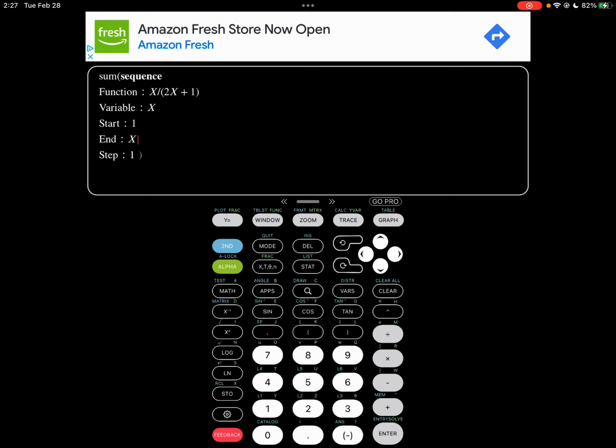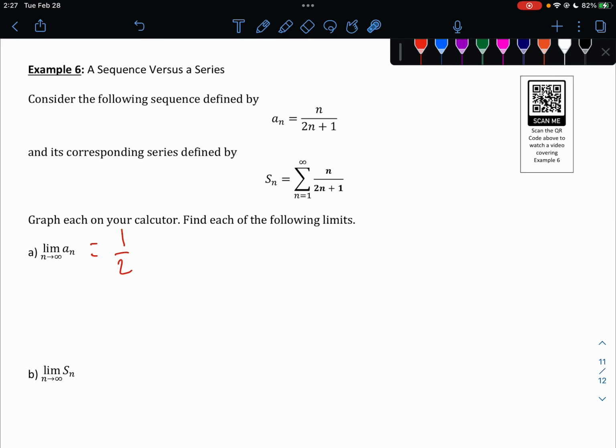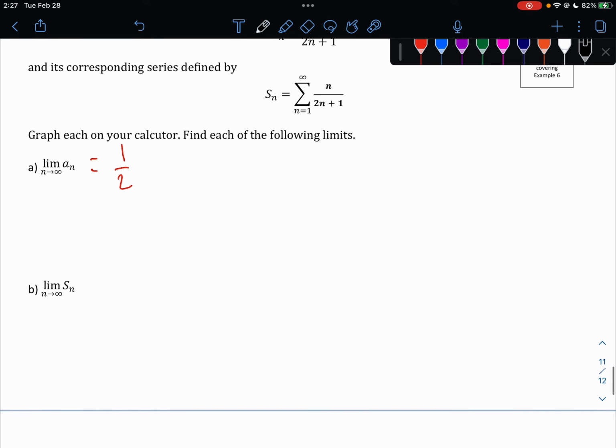And if you graph that, you should see basically something that looks like a line with a slope of 1, but that line goes up forever. So your graph is going to look kind of like this. So our limit's going to be infinite. Okay? I can show you that more in person if you need a little bit more explanation with that.